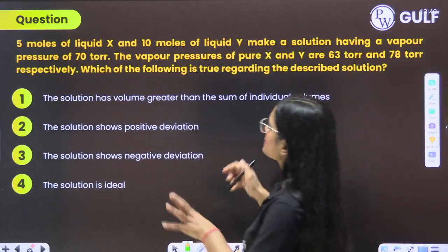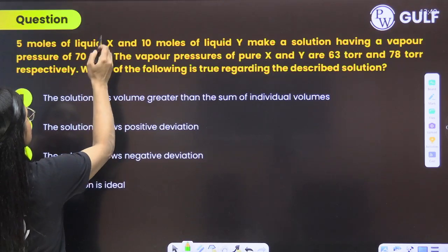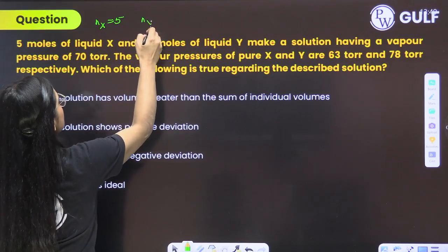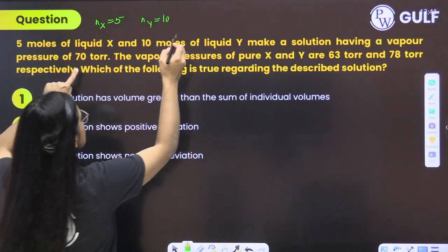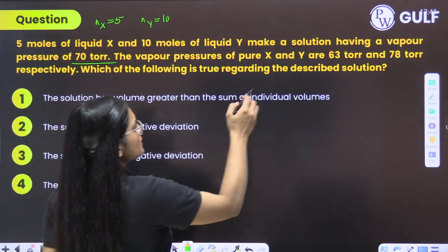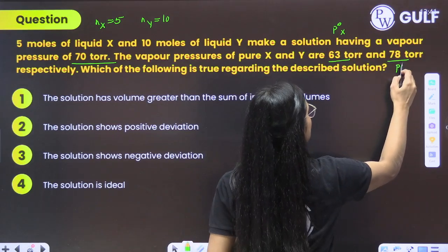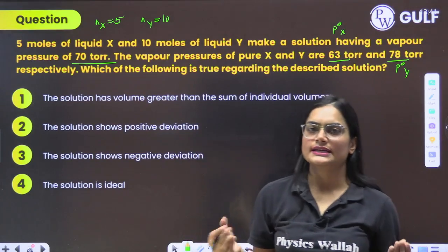So beta, they have given the number of moles of liquid X as 5, and Y as 10. The vapor pressure of the solution is given. This is the observed vapor pressure. This is P naught of X and this is P naught of Y. So you have to find out whether the solution will act as ideal, positive, or negative.